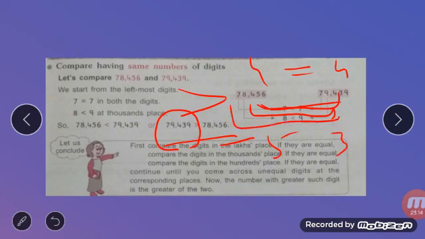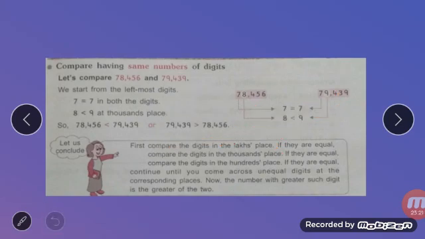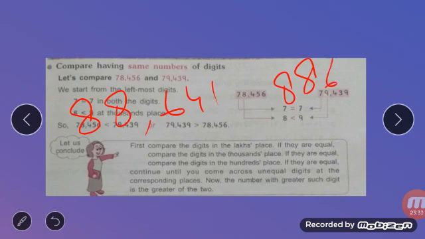In case the numbers before that are the same, I am giving you one more example. Suppose the number is 8, 8, 6, 4, 1, and the other side the number is 8, 8, 6, 4, 2. First of all, what do you have to compare?